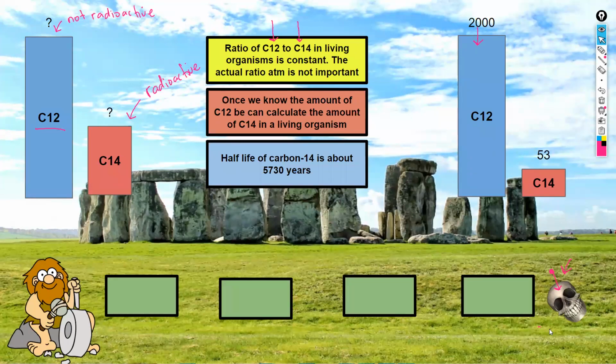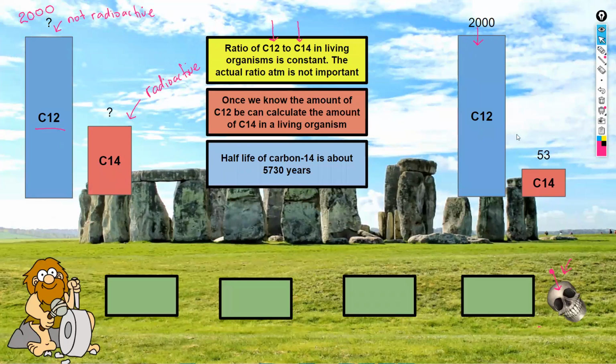It will be 2,000 because carbon 12 is not reactive. So the amount of carbon 12 throughout time, even though he is dead, will remain the same, right? So that means we can predict that when he was living, he also had 2,000 atoms of carbon 12 in his skull, right?